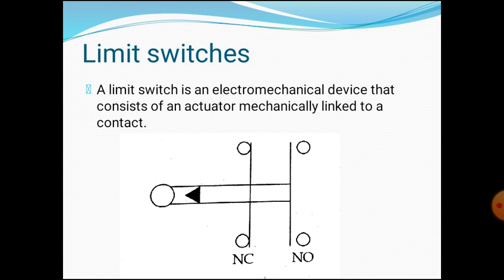The switch either activates or deactivates an electrical circuit. Some of these switches are used in industry and others are utilized for common household appliances. This is the symbolic diagram of limit switch which consists of NC and NO.